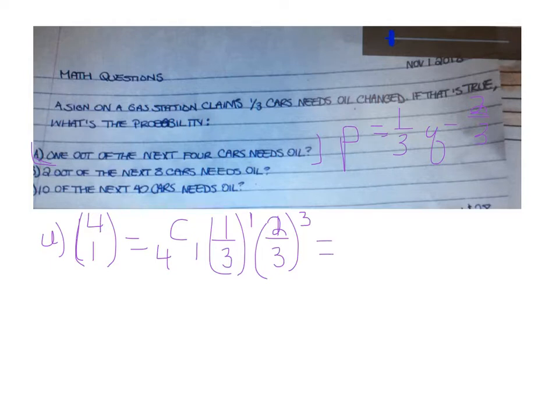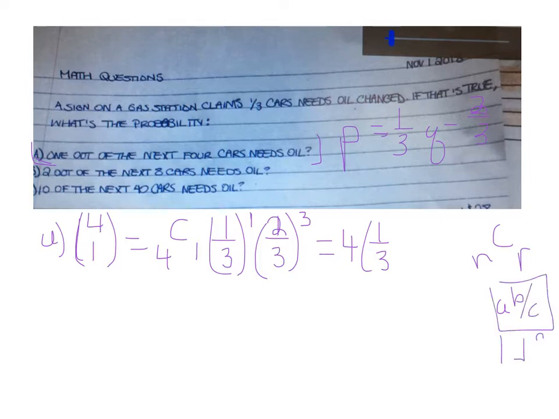You can calculate on your calculator. You'll find a button that looks like this, choose R, and you can put in 4 choose 1. If you do, I believe you're going to get 4. Then you're going to multiply on your calculator using your A B C button. You can actually put in the fraction 1/3.